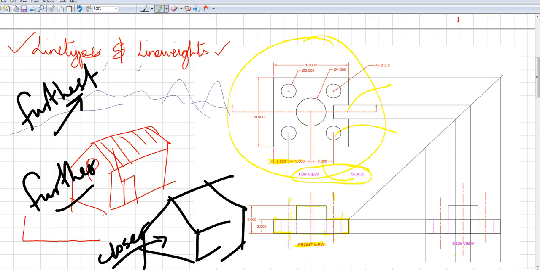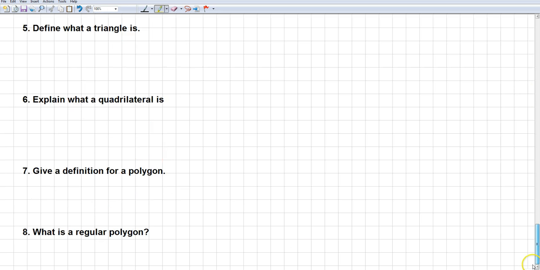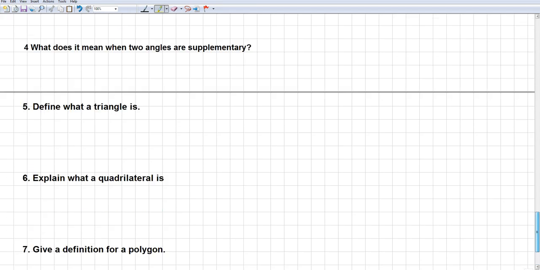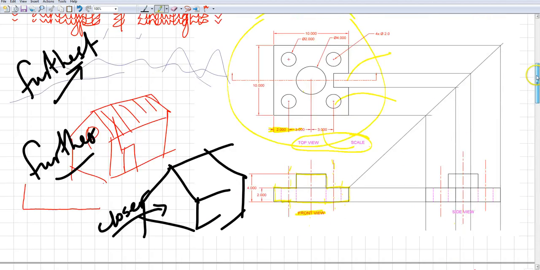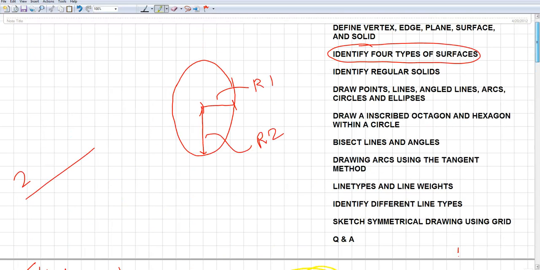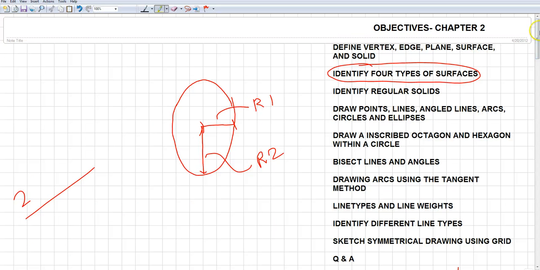Okay, now let's jump to the last part of our chapter, which is just some Q&A. Now let's see what we have covered so far. Let's go into our objectives. So we have identified the vertex, edge, plane, identified solids, identified surfaces.